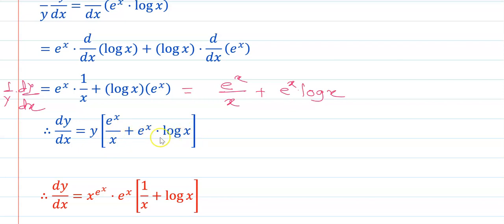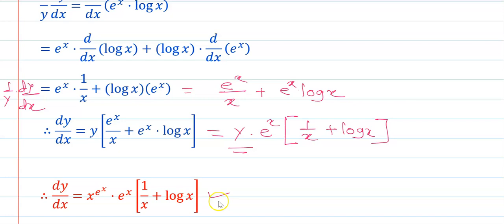Again from this bracket we will take e raised to x as common. That is y into, in bracket, e raised to x, and in the bracket you will get 1 upon x plus log x. Next, substitute the value of y. What is y? y is x raised to e raised to x, and this is the dy by dx.